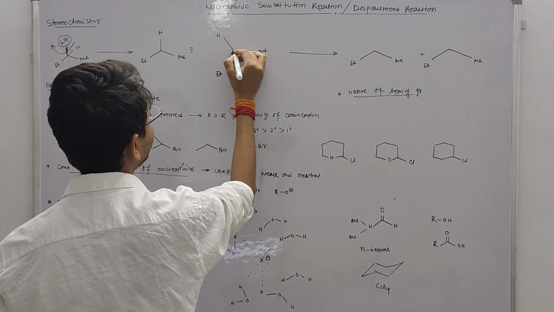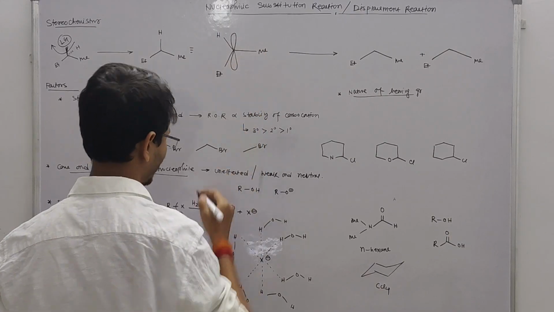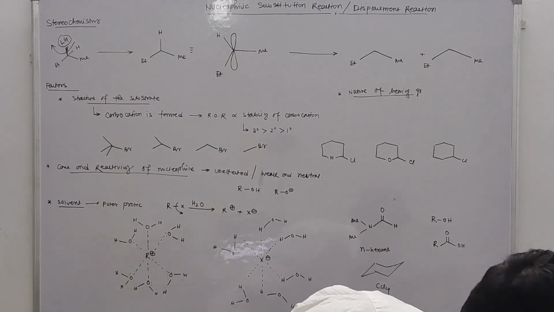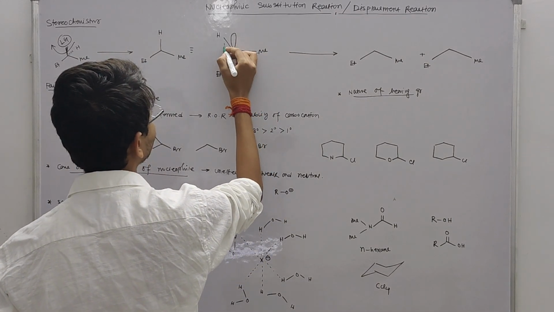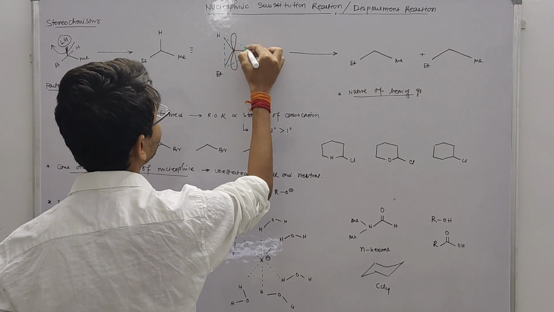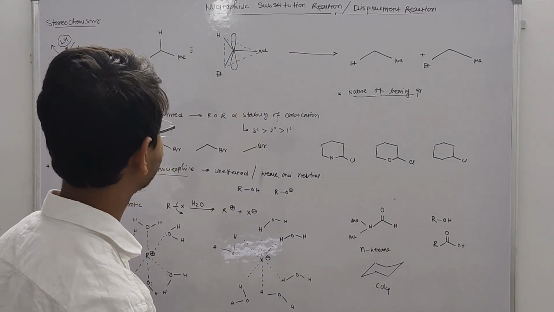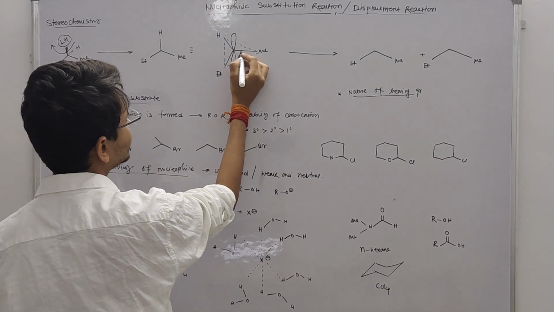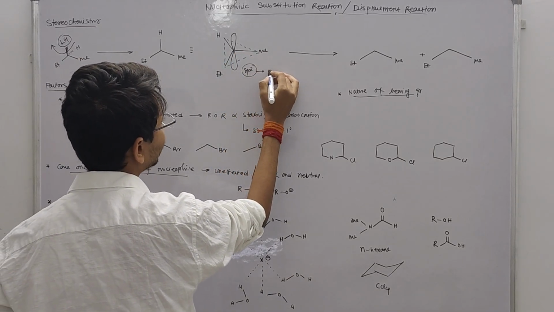And here one lobe is there. Why am I drawing this lobe particularly? Because if you know the hybridization rule, this carbon's hybridization is 1 2 3, that means sp2, that means planar.